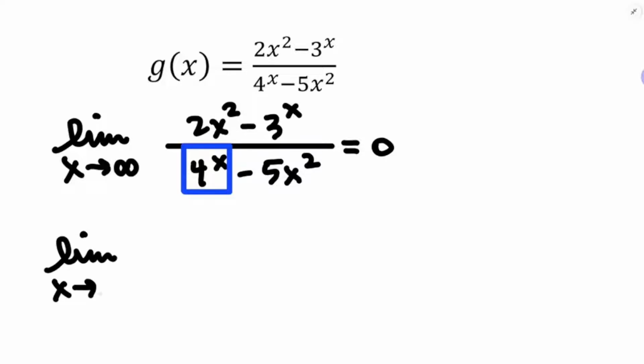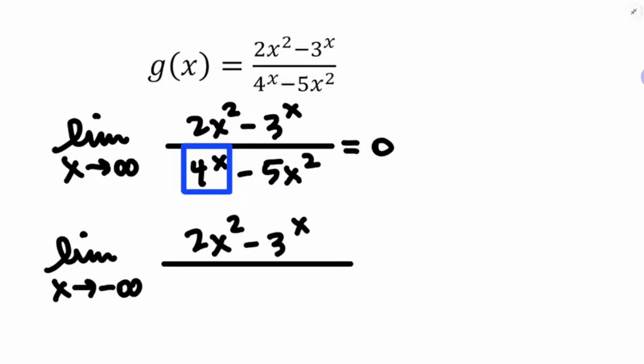And as x approaches negative infinity, if we look at the same fraction, both of those exponential pieces are going to go to 0, the 3 to the x and the 4 to the x. As x is approaching a large negative number, we're taking 3 to a large negative number, that's like 1 over 3 to a big power, or 1 over 4 to a big power. These things are getting close to 0.